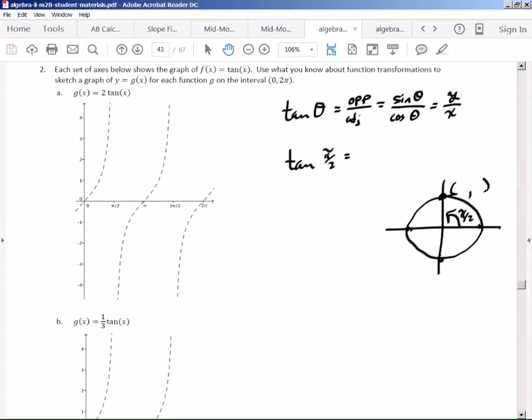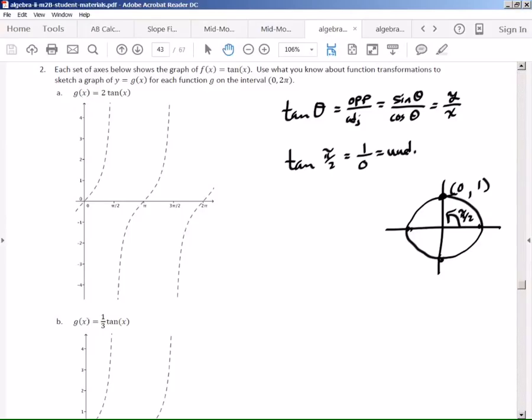This is a unit circle, so it would be 0, 1. So what would tangent equal here? 1 divided by 0, because it's y divided by x. But what is 1 divided by 0? Undefined. You can't do this.